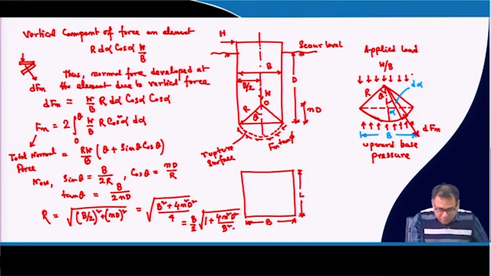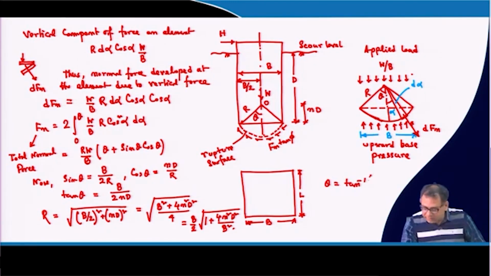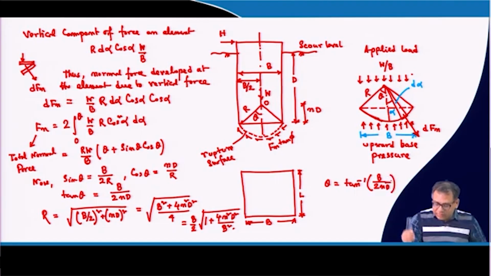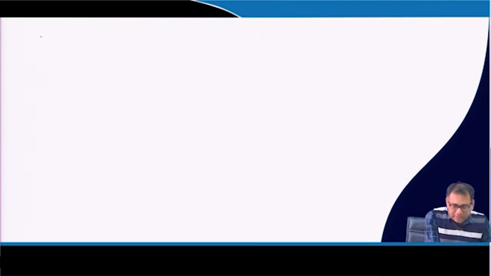Now, if I put all these values in the Fn, the R, theta, sin theta. So, theta I can write is equal to tan inverse B by 2 N D. So, I can put all these values here, and finally, I will get the expression of Fn.